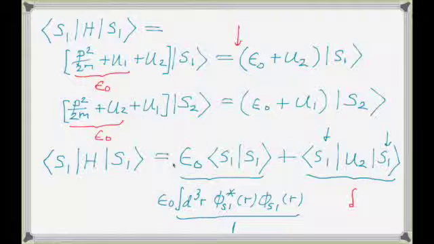I really don't care. And so we're going to define this eventually as just some new energy. So this would be epsilon 0 plus some shift, and we're just going to call that a slightly renormalized energy because I'm feeling this other potential nearby.